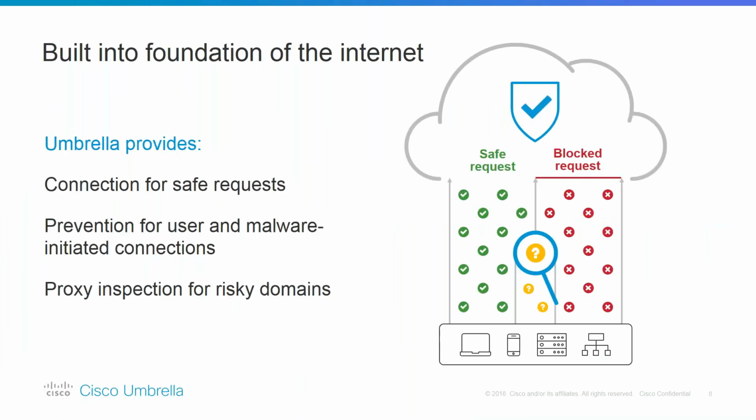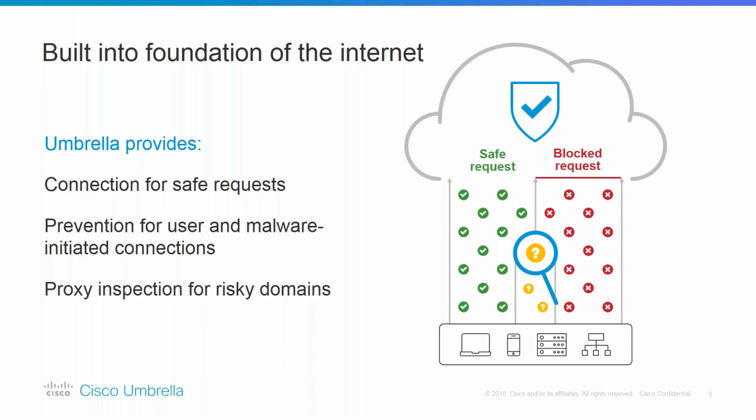So with Umbrella, you have safe requests, you have proxy. If you go to a URL, say google.com, Umbrella and all of the infrastructure in the back that it's working on will say whether that's a good, bad, or risky domain.